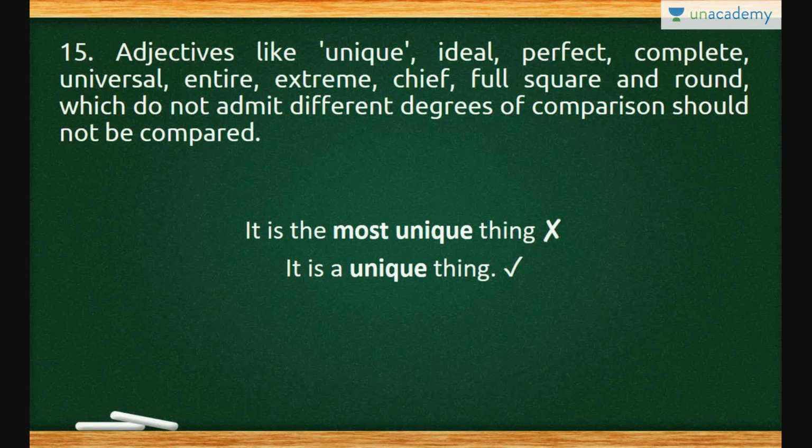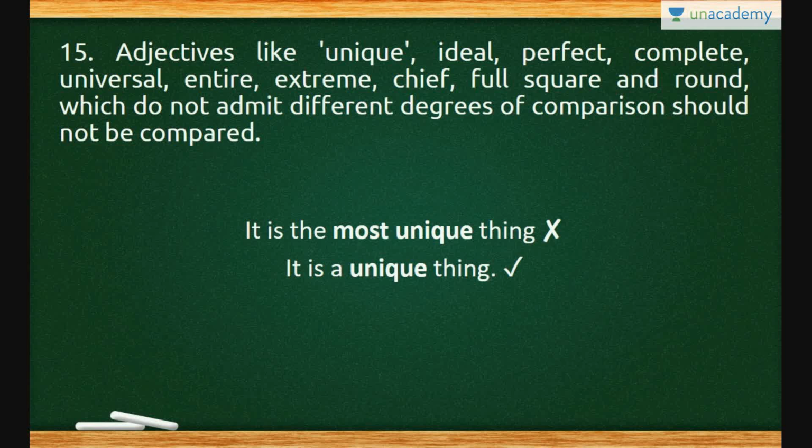Unique does not have degrees of comparison, and similarly, all these words do not. You can't say more unique or most unique. You can't say most ideal. Ideal is already in its superlative degree, or perfect is always in its superlative degree.